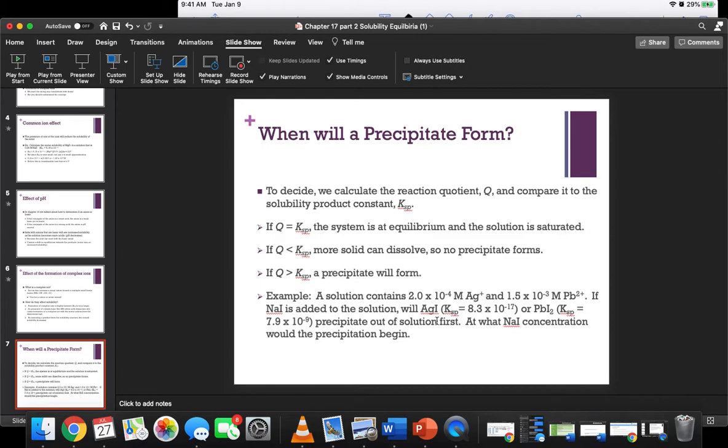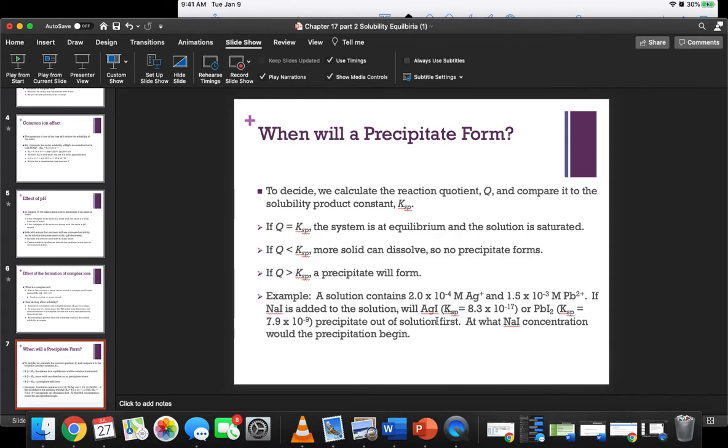For silver iodide, our KSP in terms of our molar solubility calculation is really just going to be X times X, because there's only the two ions that are going to form. And so that's going to give me a KSP of about 8.3 times 10 to the minus 17 that we're given.